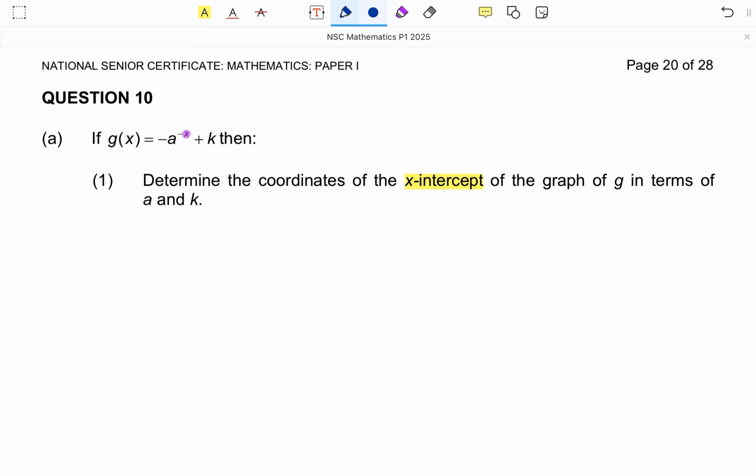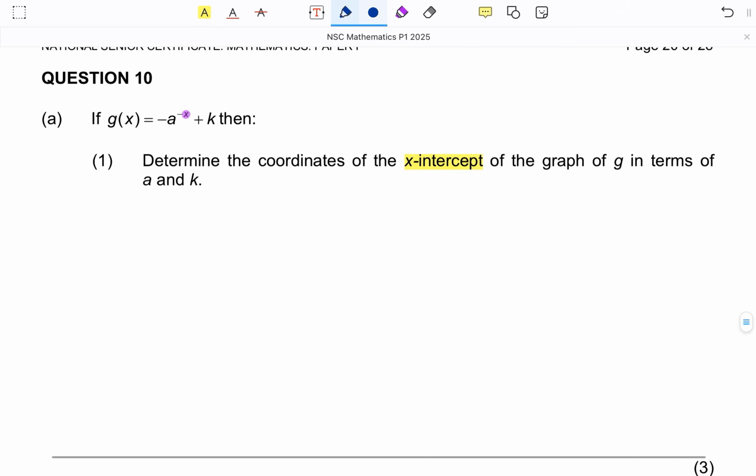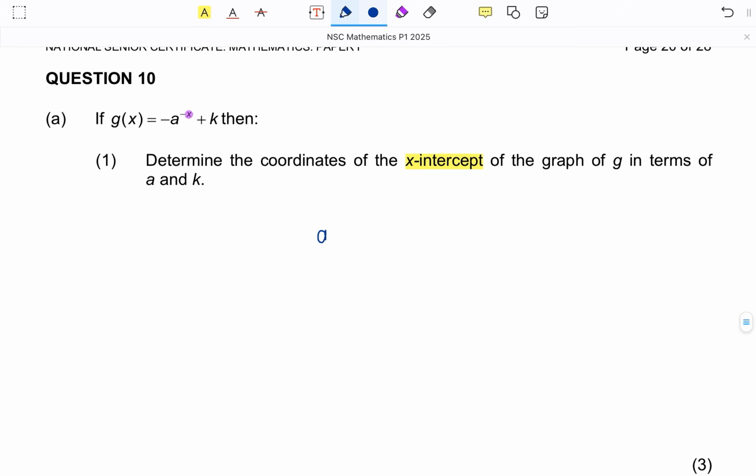If we want to get into the exponents to solve x, we need to have the same base numbers. That's the one option, but not possible here because we don't have any actual numerical values, or we can use log to do this. So the first thing I would do is bring the a to the power of negative x to the left-hand side, and then take g of x to the right-hand side.